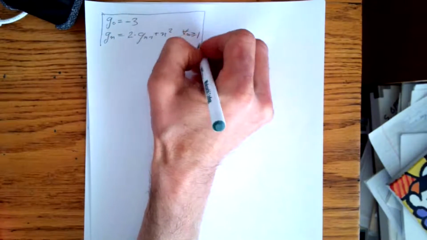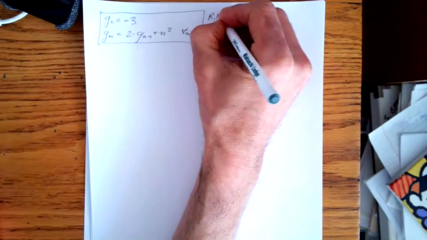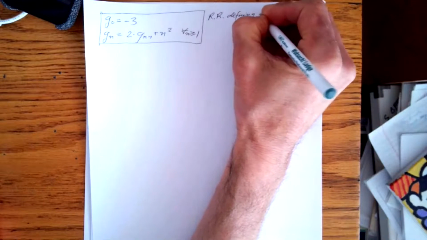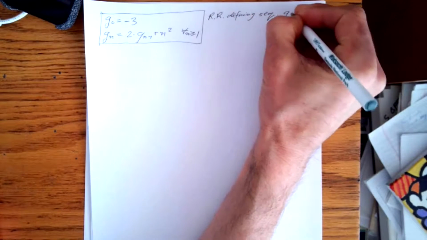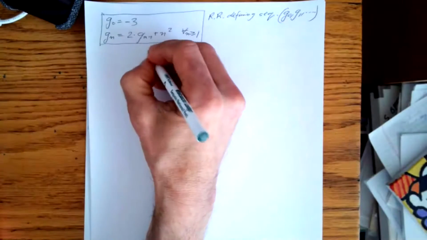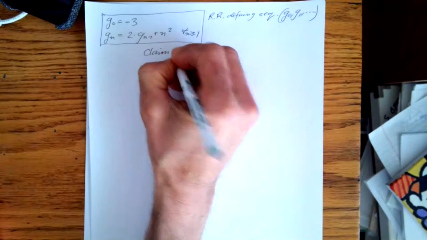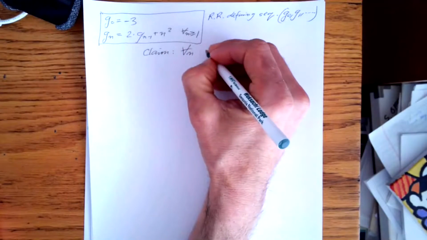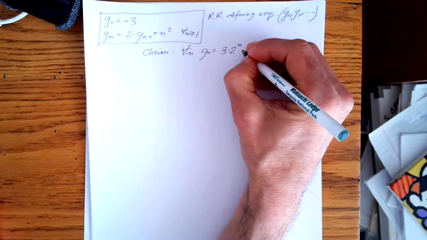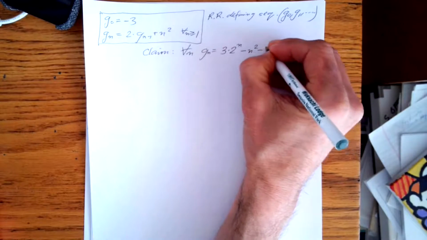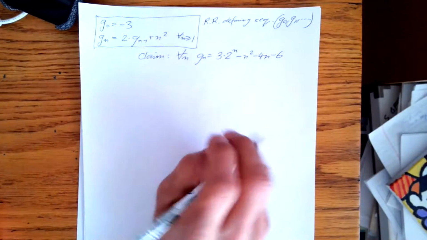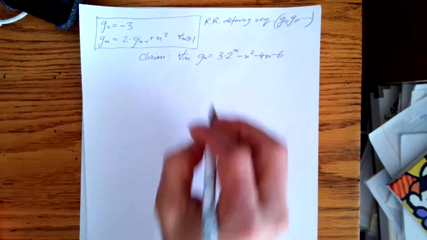So here is our little recurrence relation defining a sequence G0, G1, and our claim is that for every n, Gn has the following closed formula: 3 times 2 to the n minus n squared minus 4n minus 6. Let's see if this is true.